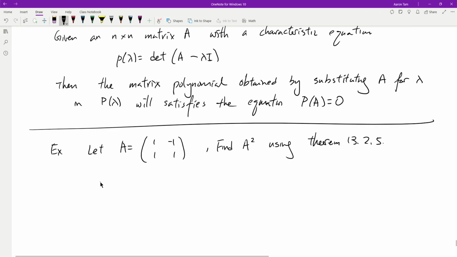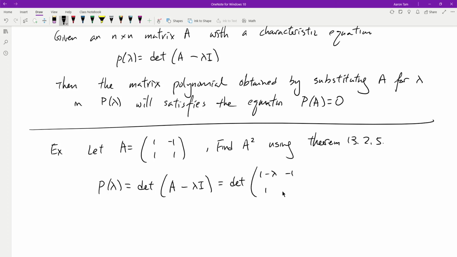So first of all, I'm going to find my polynomial P of lambda, which is equal to the determinant of A minus lambda I. So that becomes the determinant of 1 minus lambda, negative 1, 1, 1 minus lambda. And therefore it becomes 1 minus lambda times 1 minus lambda plus 1 times 1.